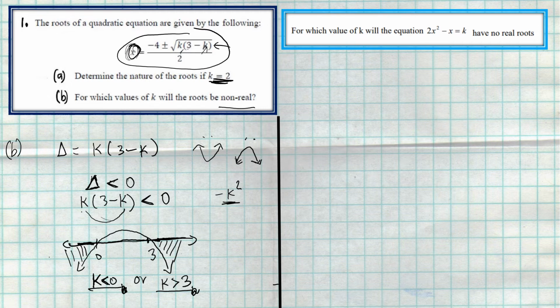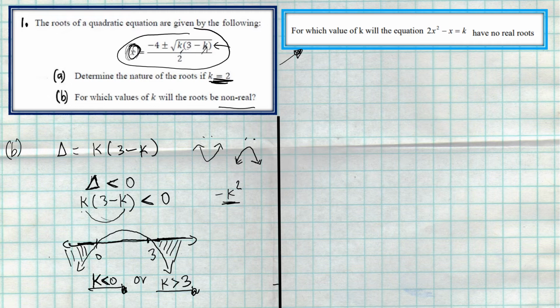Okay, let's move to this one now. This is example 2, just taken from a past paper. For which values of k will the equation 2x squared minus x equals k have no real roots? Now they give you this question in a different format.